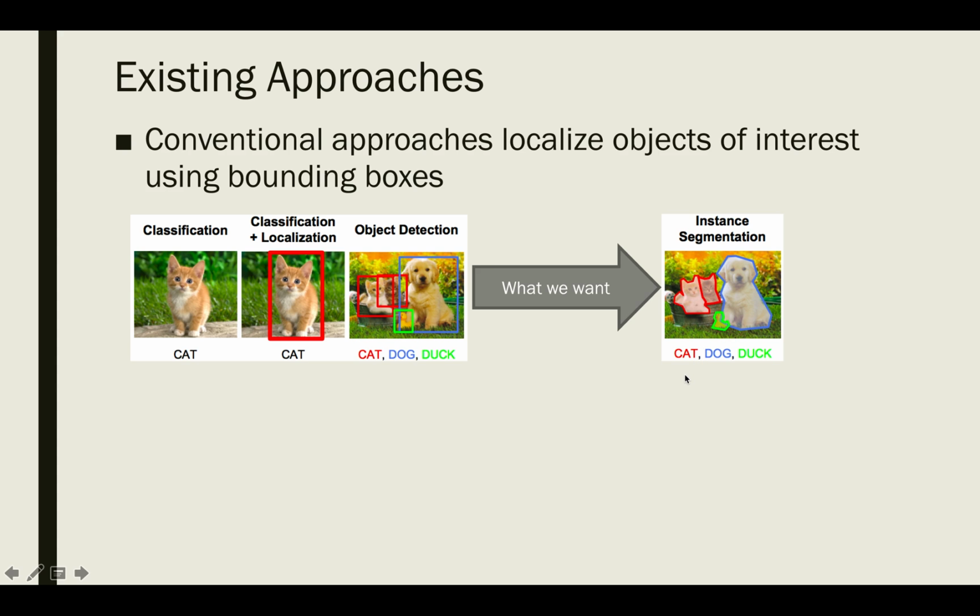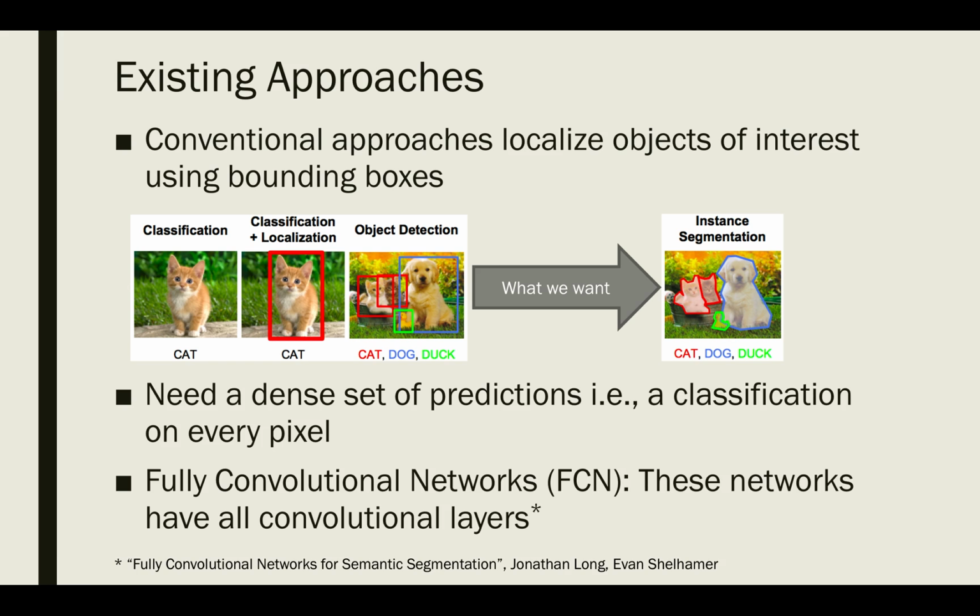That's what we want, and one of the existing approaches is called a fully convolutional network, in which all of the layers are convolutional layers and there are no fully connected layers. Our approach will be very similar to this.